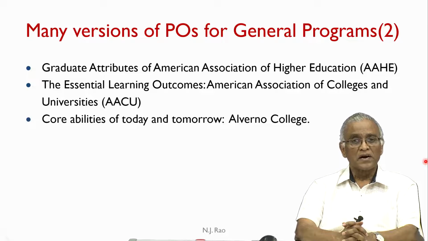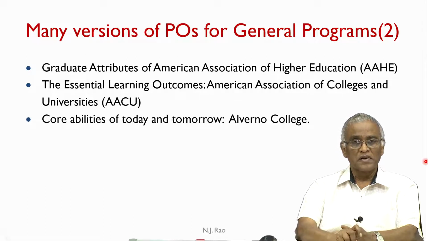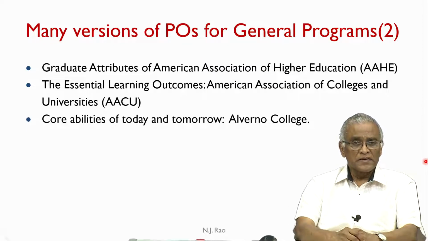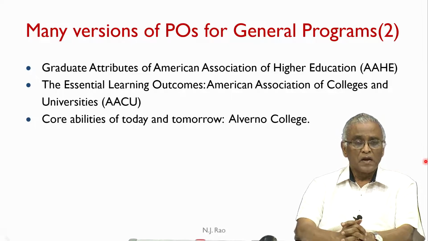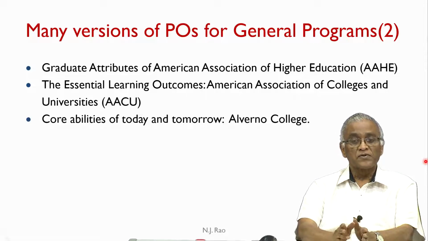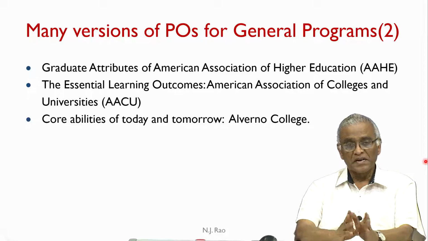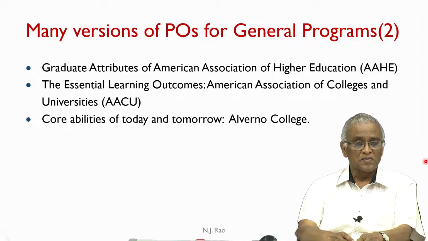And the essential learning outcomes, which they call learning outcomes as a generic word for graduate attributes or program outcomes, of the American Association of Colleges and Universities. And I am particularly mentioning a small college called Alverno College, which has written an excellent set of graduate attributes through what they call core abilities of today and tomorrow, as an indicative one. All these samples are made available through a resource document which will be accessible to you when the course is on.